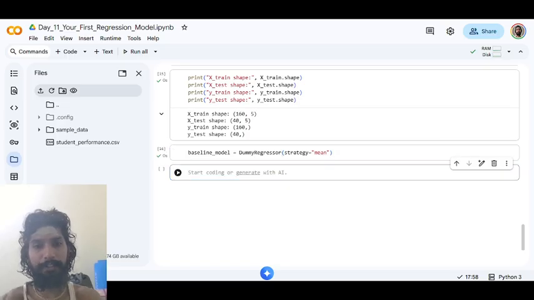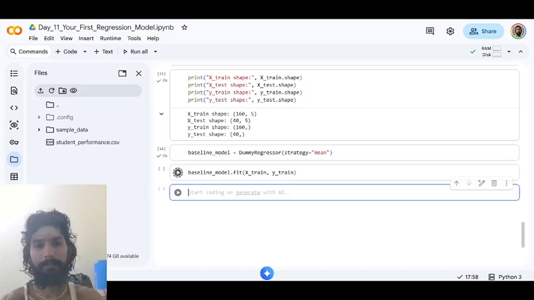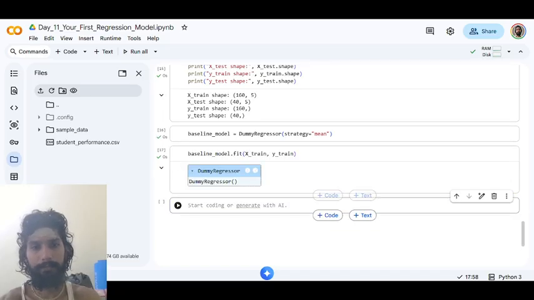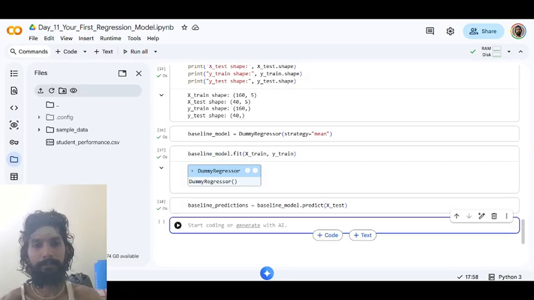Train it using the training data. Now generate baseline predictions. Let us inspect the first 5 predictions.